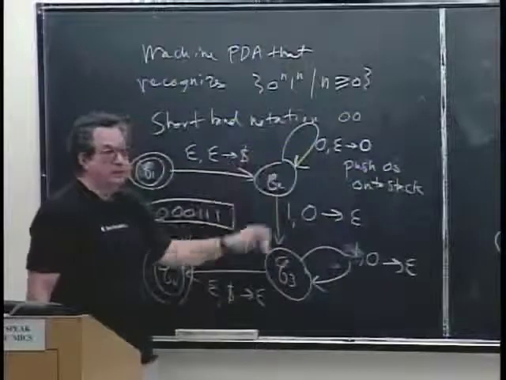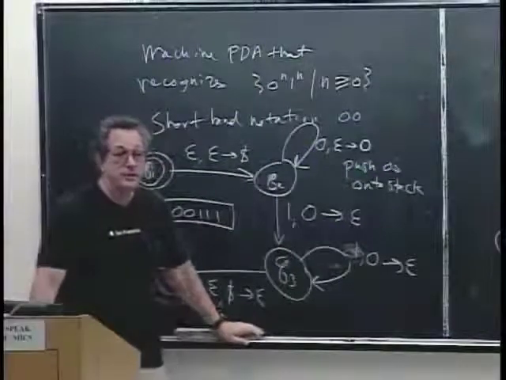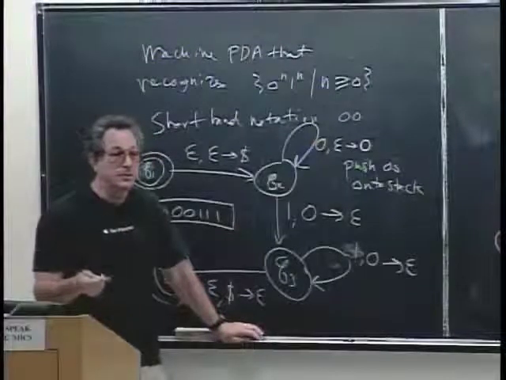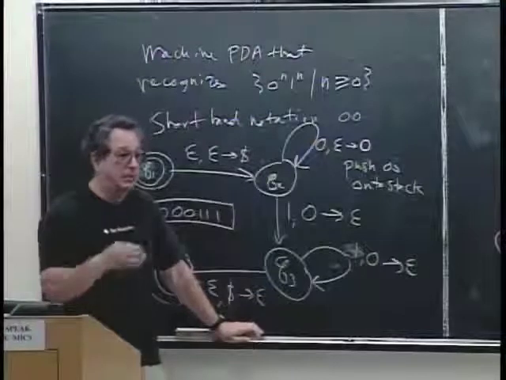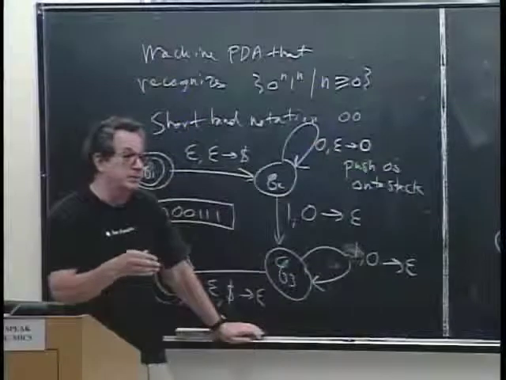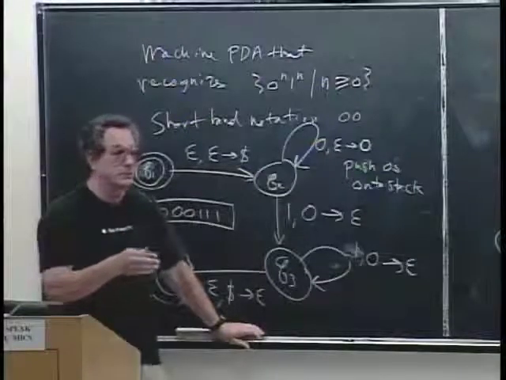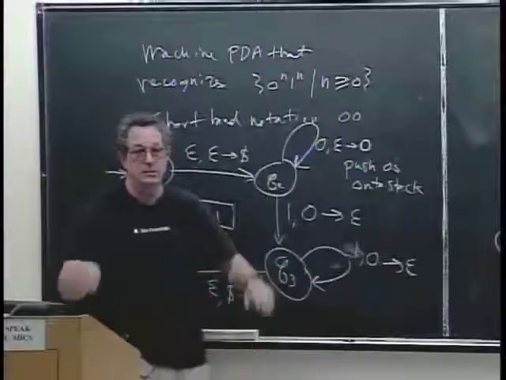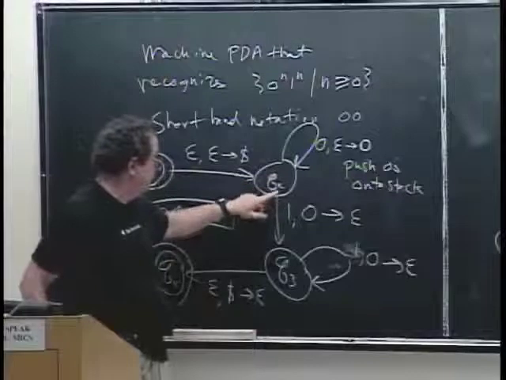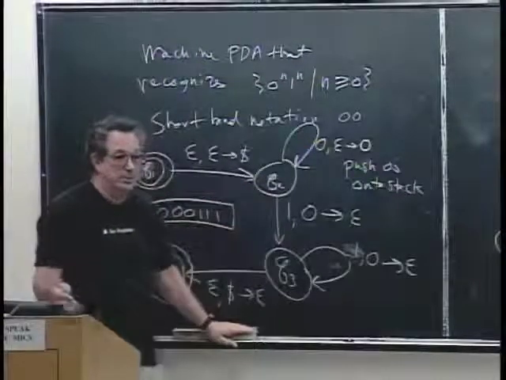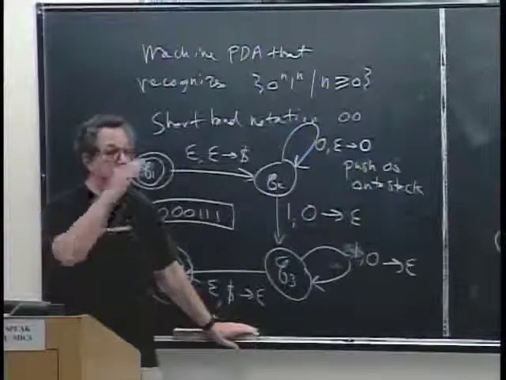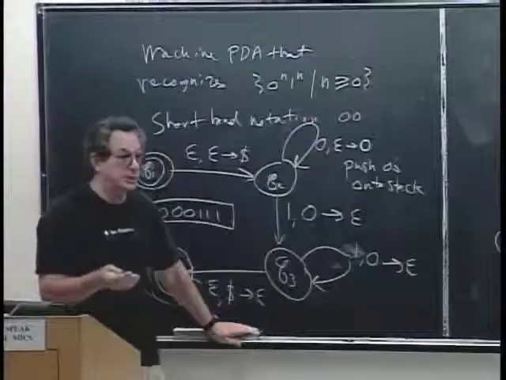There's no transition rule that it can follow, and just as in an NFA, when you're in a state and there's no transition that's allowable in that situation, that computation dies. Again, I'm saying that computation dies as opposed to saying that machine dies, because in NFAs you're spawning off replicate machines. Now, in this case, we haven't spawned anything at this point, and so that computation dies, which means all the computations die, which means that's a reject. No computation ended up as an accept, so that's a reject.